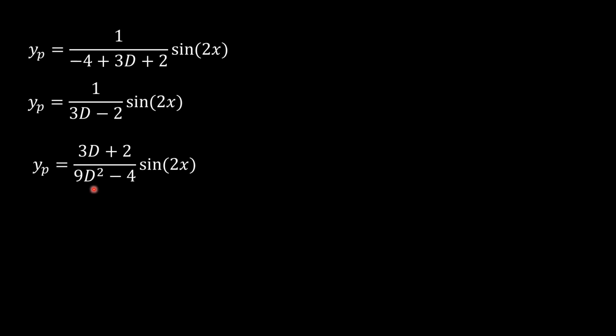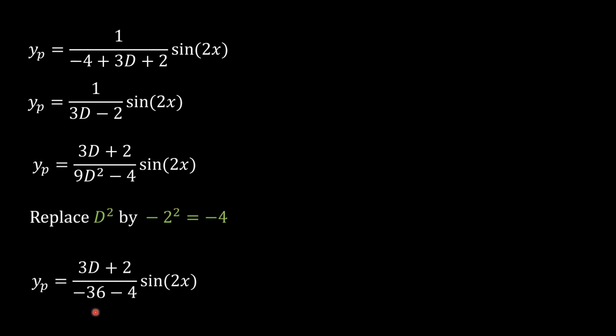So in this way we got the D square term in the denominator, and now again replace it by minus 2 square, that is minus 4. That gives yp equal to 3D plus 2 divided by minus 36 minus 4 of sine 2x. Now we operate this operator 3D plus 2 on sine of 2x.